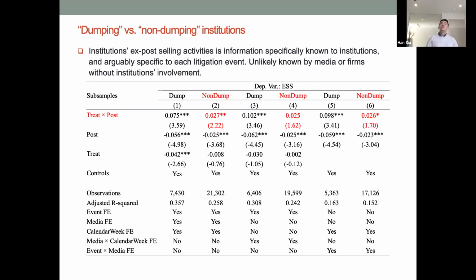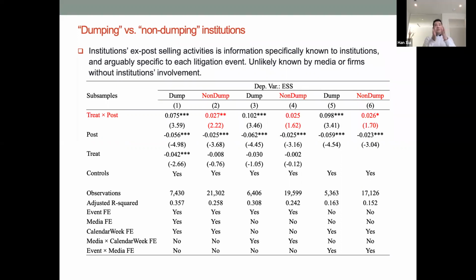Okay. So we talked about this a little bit earlier already. We look separately at two types of institutions. One type actually sells aggressively, actually dumps the defendant firm after the litigation, and the other one does not.